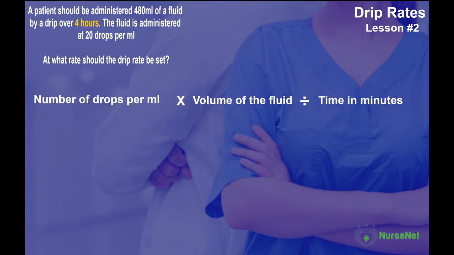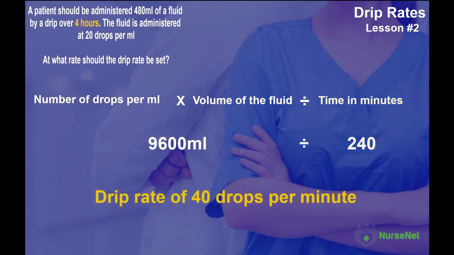The number of drops per milliliter equals 20, multiplied by the volume of the fluid, in this instance 480 milliliters, which gives us a total of 9,600 milliliters. 9,600 milliliters divided by the time in minutes, which was 240, gives us an answer of 40 drops per minute. So our drip rate is 40 drops per minute.